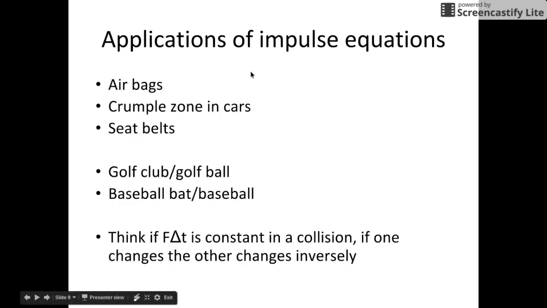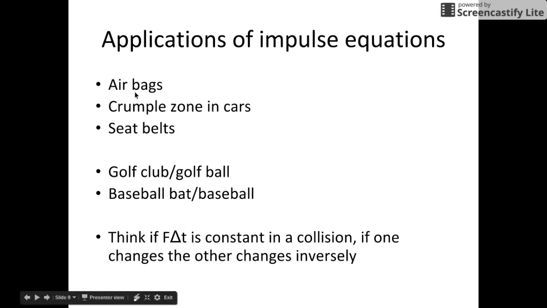So what are some applications of impulse then? Well, airbags. What does an airbag do? Well, it's a collision, and in the collision you collide with the airbag. Bam. You think about there's a lot of force there, but imagine how much force it would be if there wasn't an airbag.